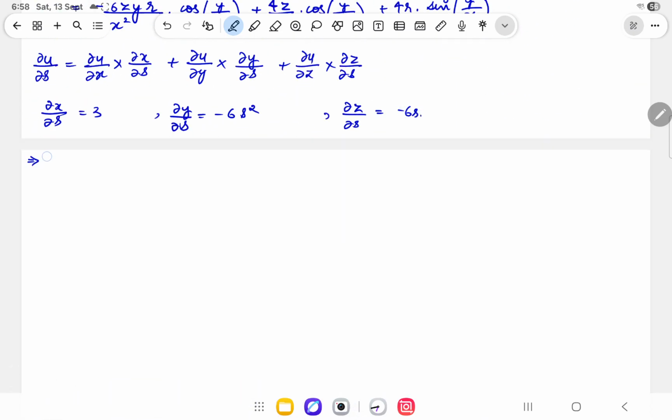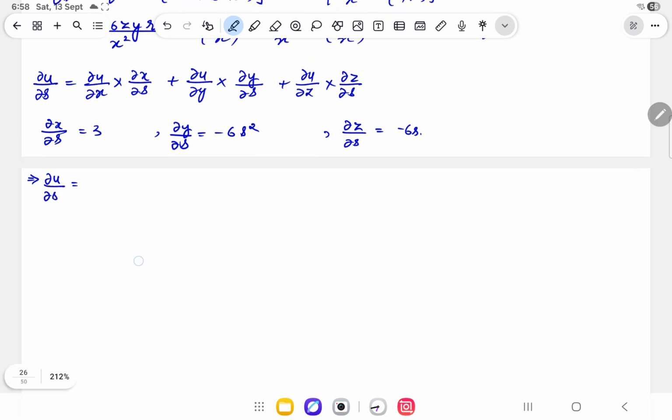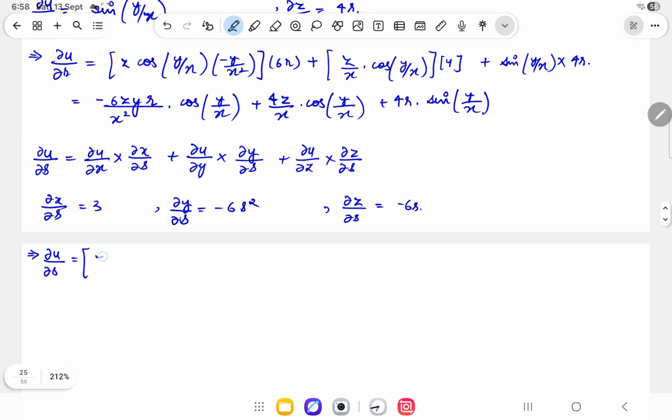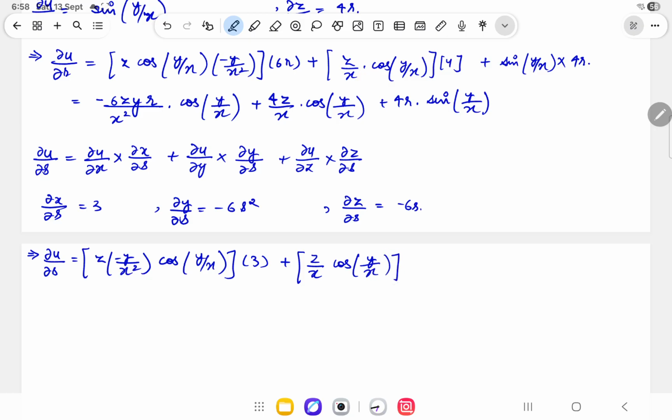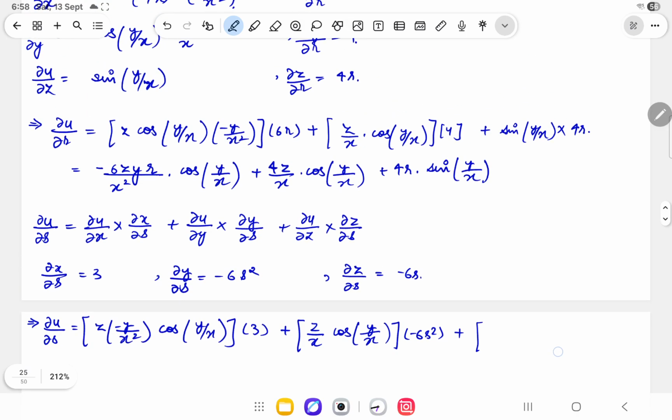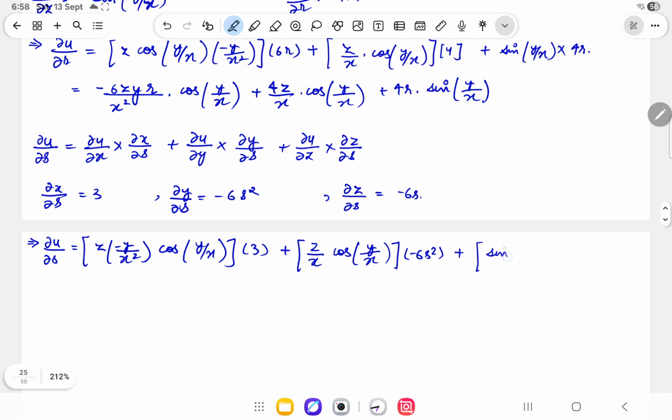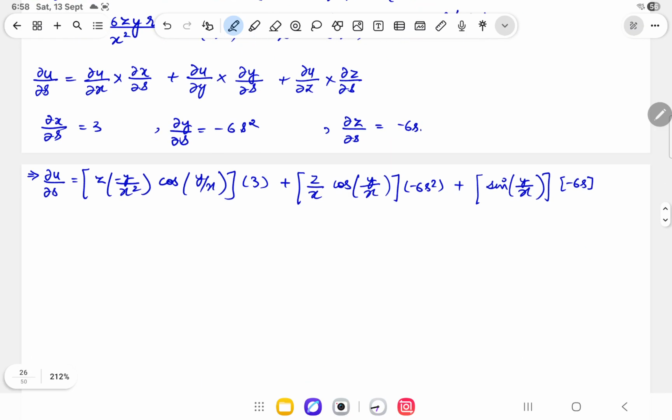So if I simplify it, I'll be getting z into minus y by x square into cos(y/x) into 3, plus z by x cos(y/x) into minus 6s square, plus sin(y/x) into minus 6s. So this is what I got as ∂u/∂s.